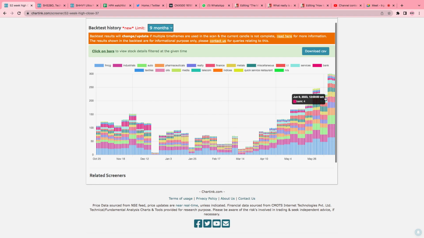Last week was a small scare because the numbers slightly decreased, but they picked up spectacularly again this past week. So you can see that the stocks at 52-week high in the Nifty 500 are increasing, which means there is industry and sector level participation in the upturn.